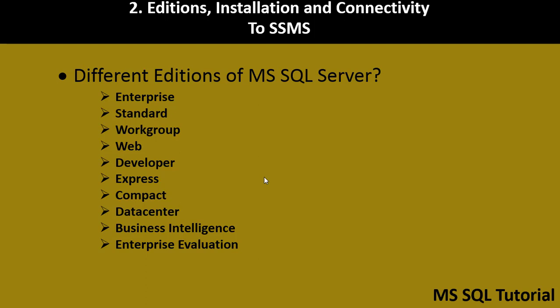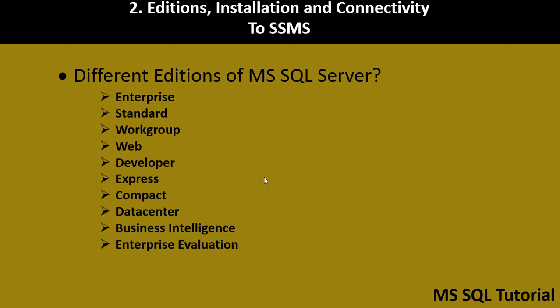We also have Developer Edition, Express Edition, Compact Edition, Data Center Edition, Business Intelligence Edition, and finally Enterprise Evaluation Edition as of now. So let me check them out one by one. We'll check out the features we have for each and every edition of Microsoft SQL Server.